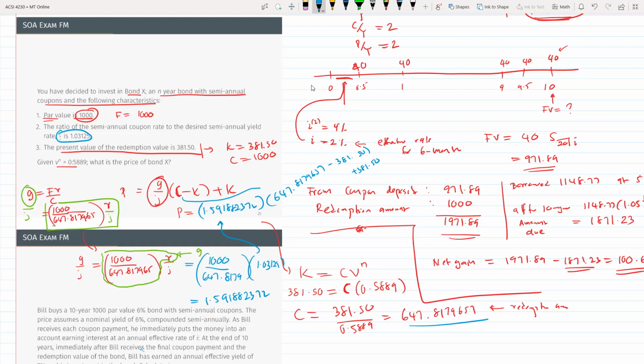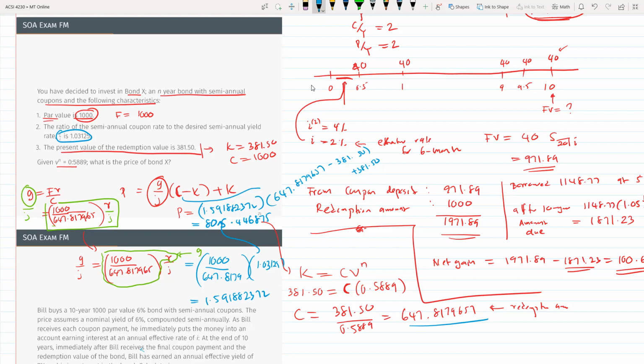Minus K is 381.50, then plus 381.50, and I would get 805. So the price would be $805.44, 446875.